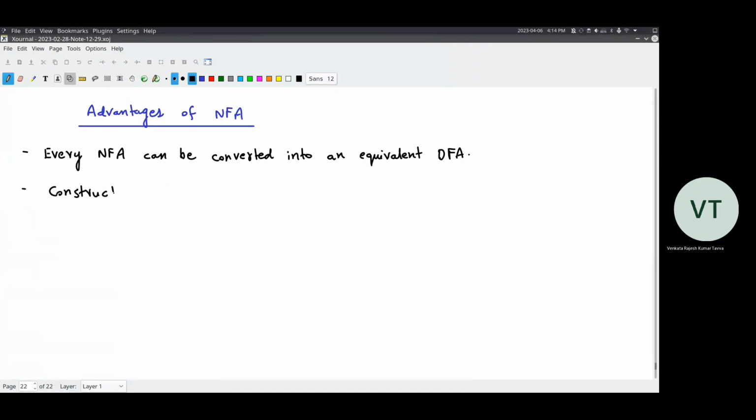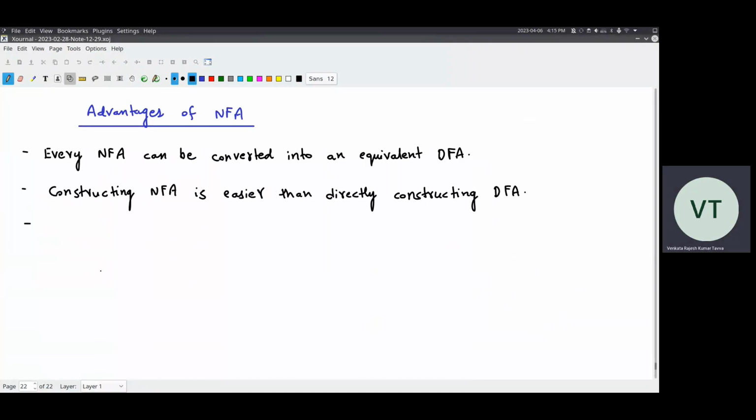Constructing an NFA is easier than directly constructing a DFA. So if you find it difficult to build a DFA, you can first construct an NFA and then convert it to DFA. All right, every NFA can be converted to DFA.